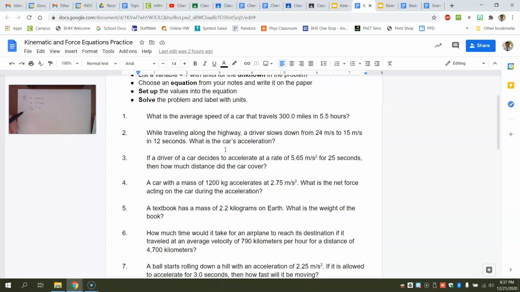So I'm going to set it up, and this is where you can choose. I like to still do it in terms of write the equation down. So net force equals mass times the acceleration. I have the mass, I have the acceleration. So now I'm just going to substitute in my things to set it up. So net force equals my mass times my 2.75.